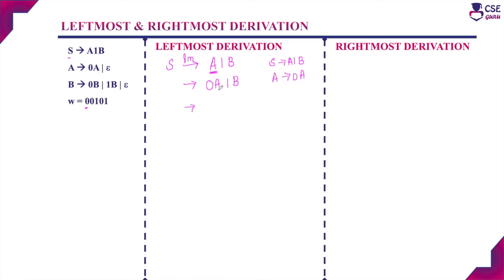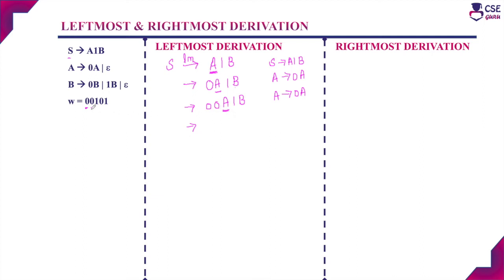Next, if you are checking here, there are two non-terminal symbols. Choose the leftmost non-terminal and apply the production rule. And the next input we have to get is 0. So apply the production rule A tends to 0A. There are two non-terminal symbols. So choose the leftmost non-terminal A and apply the production rule.